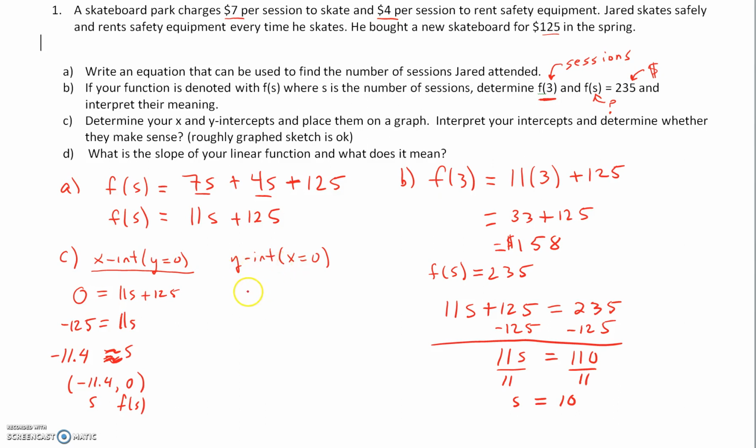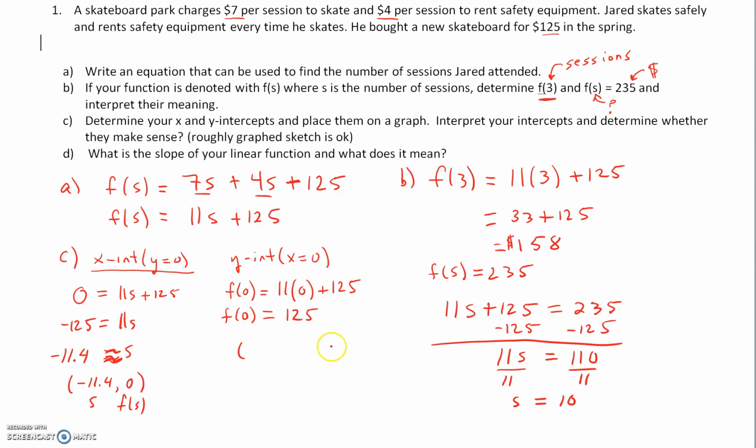Now for the y-intercept, we're going to let x equal 0. So I want to know f of 0 for my function. So I'm going to plug 0 into my function. So 11 times 0 plus 125. 11 times 0 is 0. So we're just left with 125.